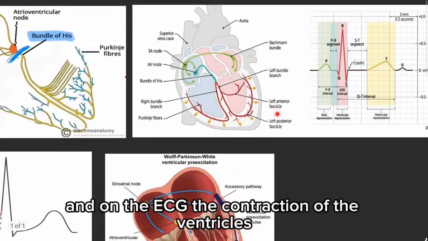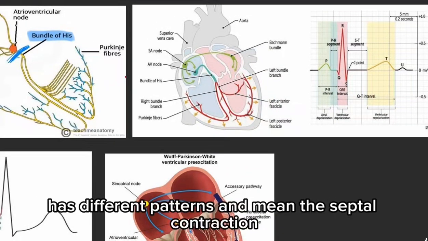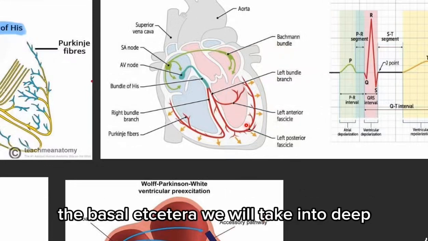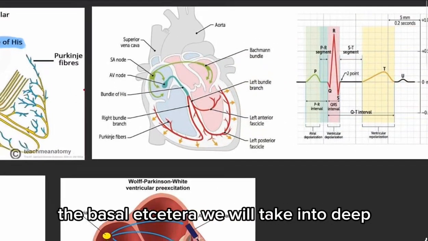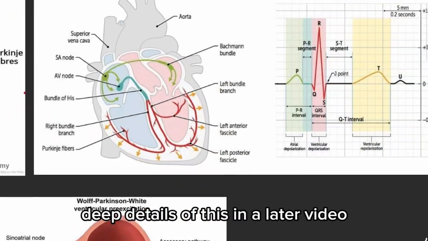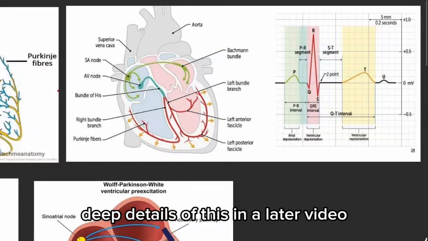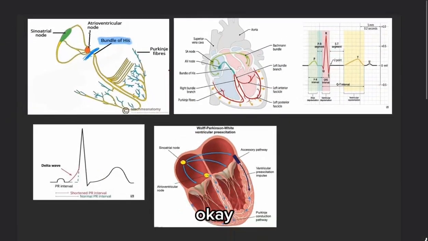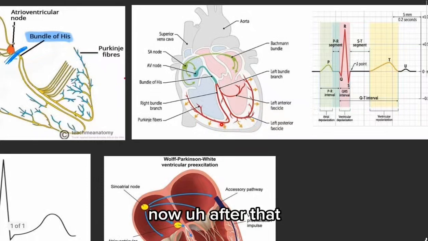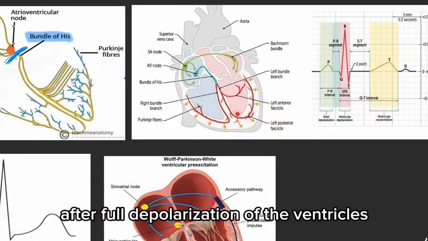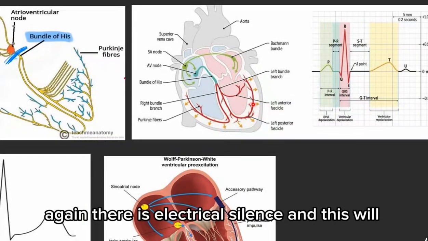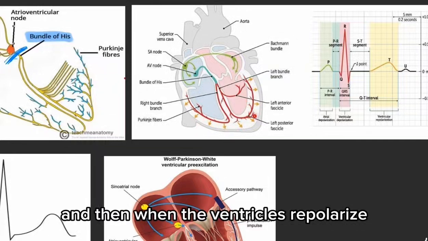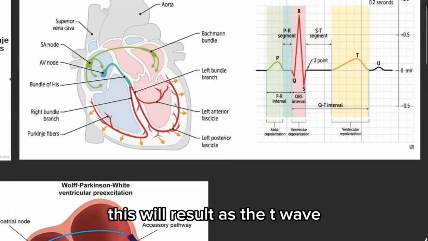And on the ECG, the contraction of the ventricles has different patterns, meaning the septal contraction, the basal, etc. We will dig into deep details of this in a later video, but essentially that will result as the QRS pattern. Okay. Now, after full depolarization of the ventricles, again, there is electrical silence, and this will translate as the ST segment, and then when the ventricles repolarize, this will result as the T wave.